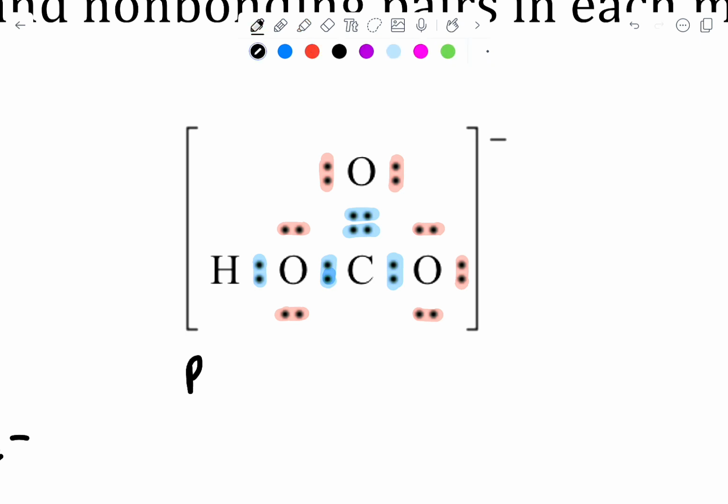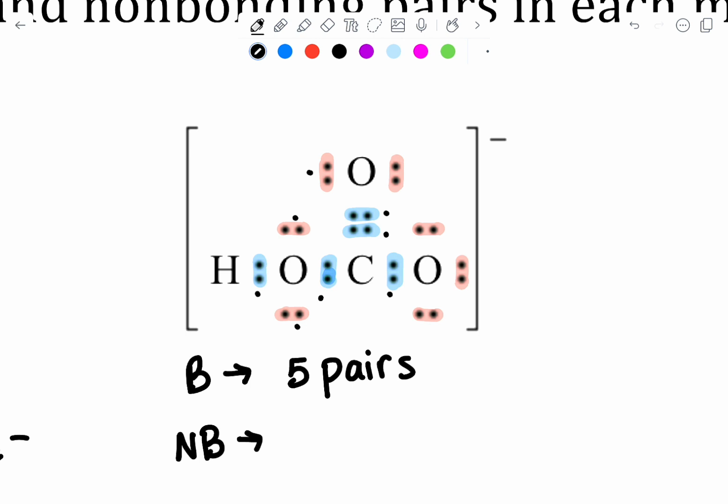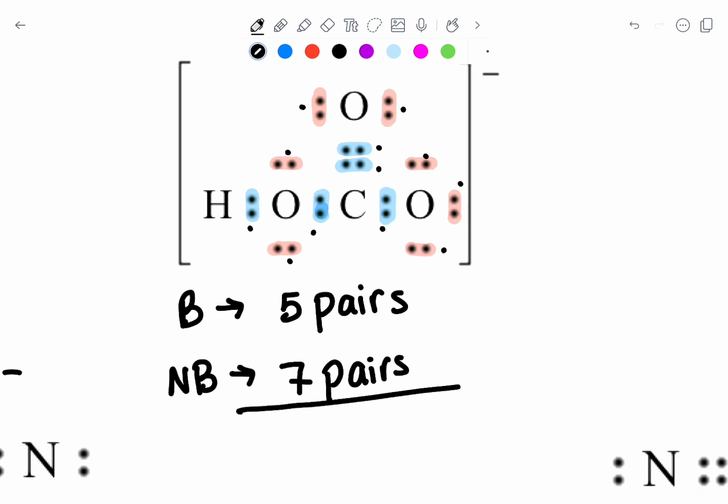Our bonding pairs, we have 1, 2, 3, 4, 5. And our non-bonding pairs, we have 1, 2, 3, 4, 5, 6, 7. Let's just double check our work. 5 plus 7 is 12 pairs, which should equal 24 electrons.